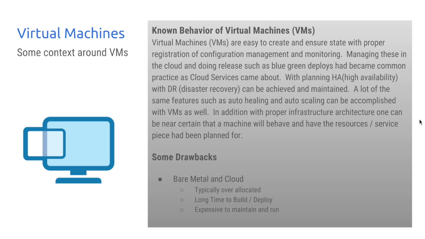Anyway, there are some drawbacks to having VMs as well. They are bare metal and cloud drawbacks. Like I said, they're typically over allocated. They take a long time to build and deploy, and they're expensive to maintain and run. Meaning it takes somebody quite a while to write all of the infrastructure automation in Chef or Puppet.